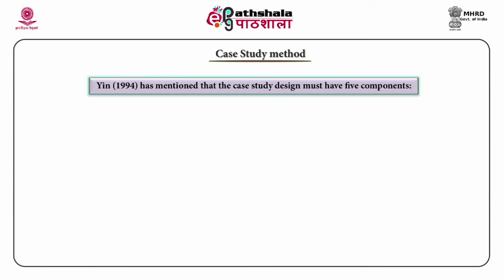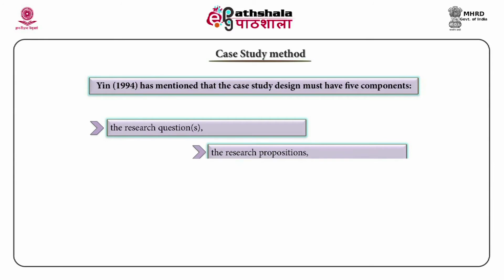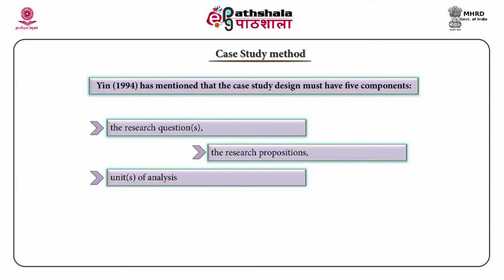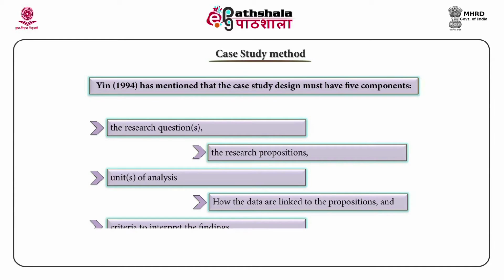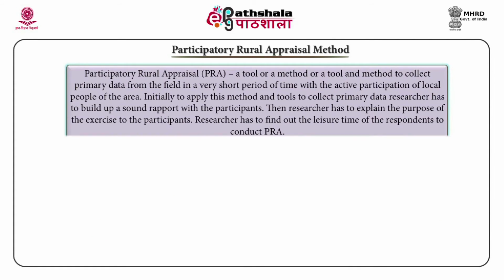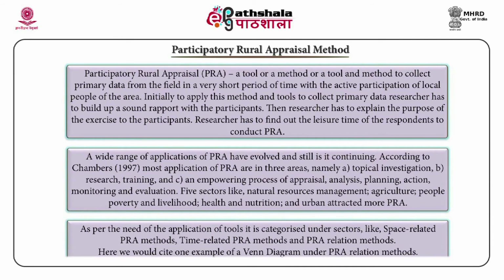Yin, in the year 1994, has mentioned that the case study design must have 5 components: the research questions, the research propositions, units of analysis, how the data are linked to the propositions, and criteria to interpret the findings.